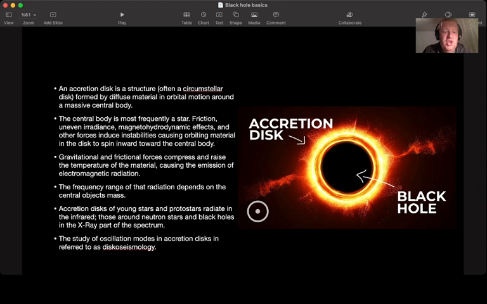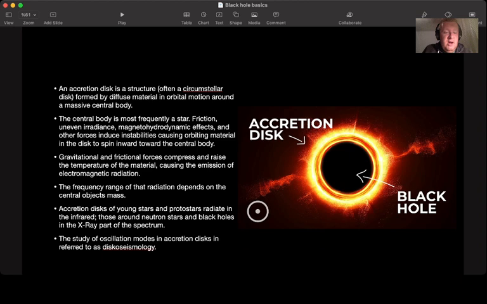Gravitational and frictional forces compress and raise the temperature of the material, causing the emission of electromagnetic radiation. The frequency range of that radiation depends on the central object's mass.